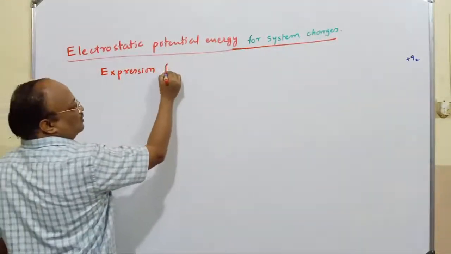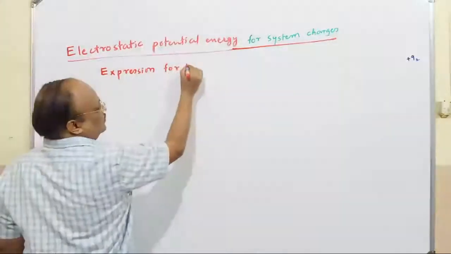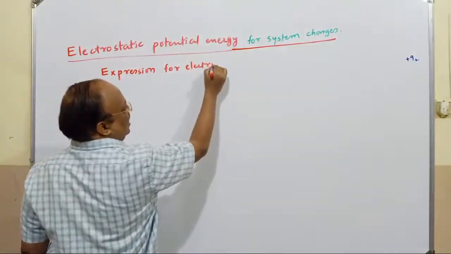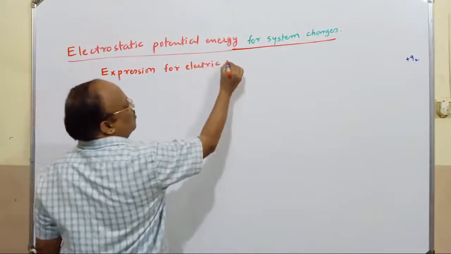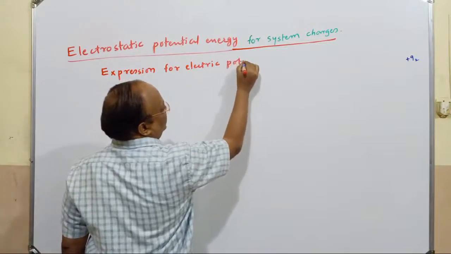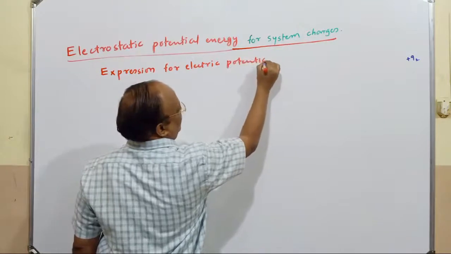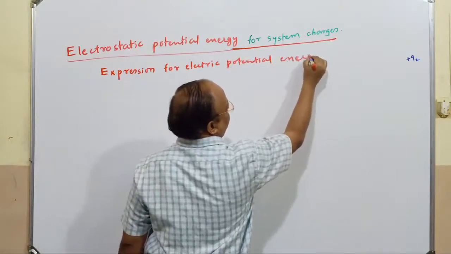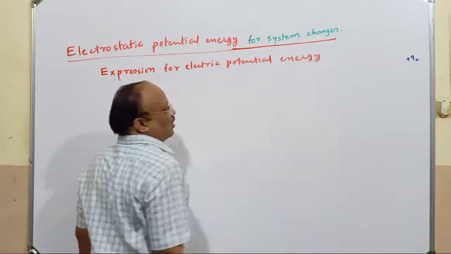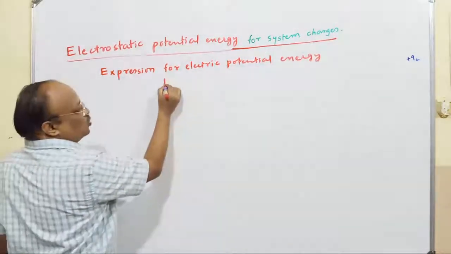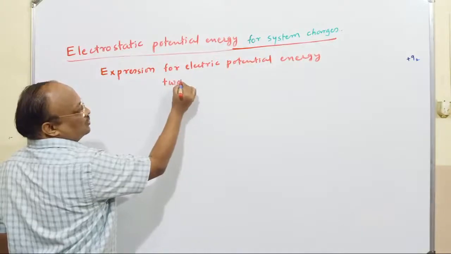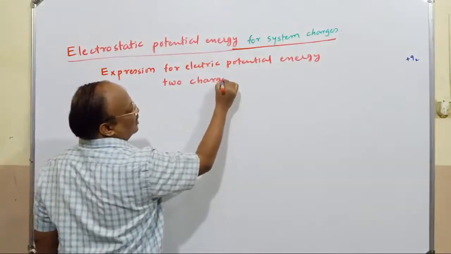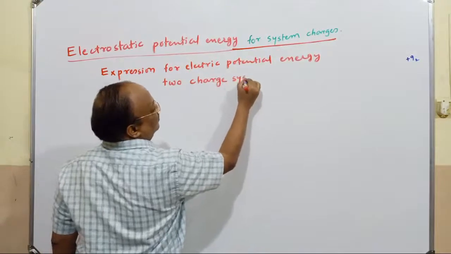Expression for electric or electrostatic potential energy for a two charge system.